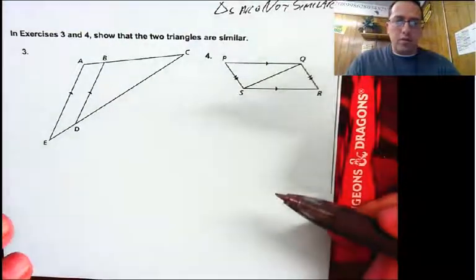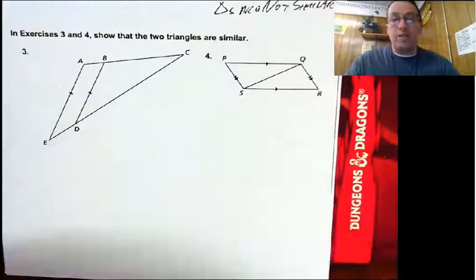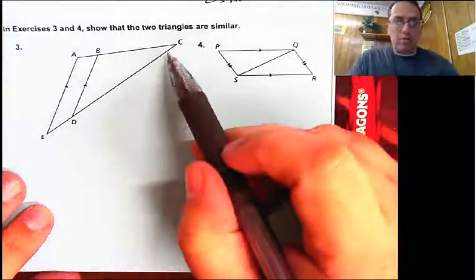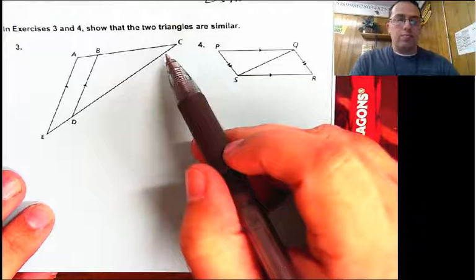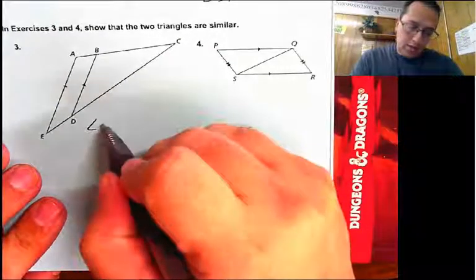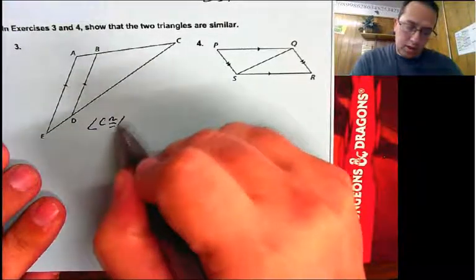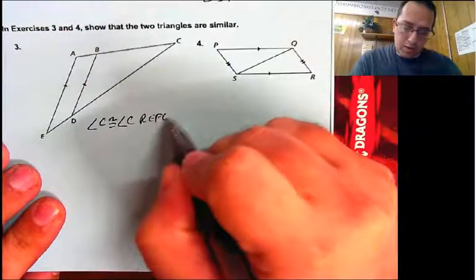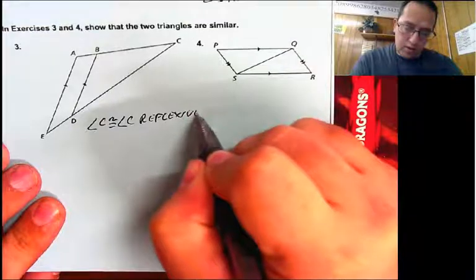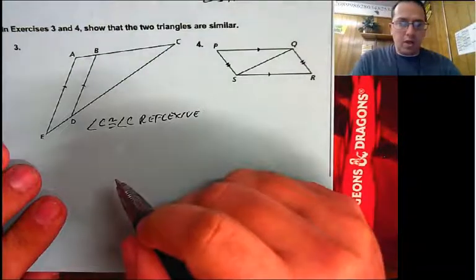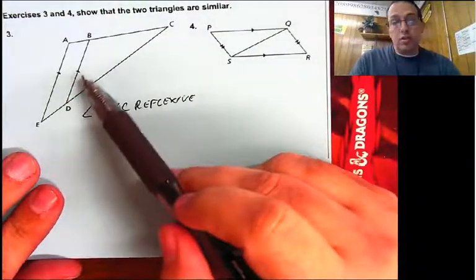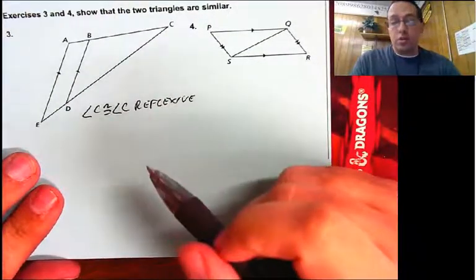Okay, so we need to show that they're similar, which means we need to have two angles congruent. First, angle C is in both triangles, isn't it? So we know that angle C is congruent to angle C by the reflexive property. But now we need another one. If you'll notice, these two sides are parallel to each other.